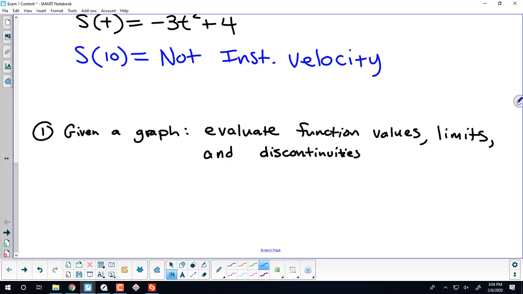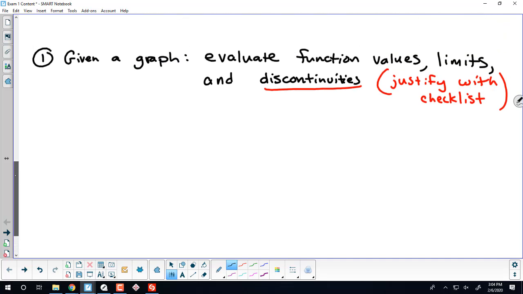And for the discontinuities, make sure that you're able to justify with the checklist. In other words, saying the function's discontinuous at 5 because there's a hole is not going to quite cut it. We had 3 items on the checklist for continuity. So I know this is very generic, but we have 14 questions where you have to evaluate a limit.